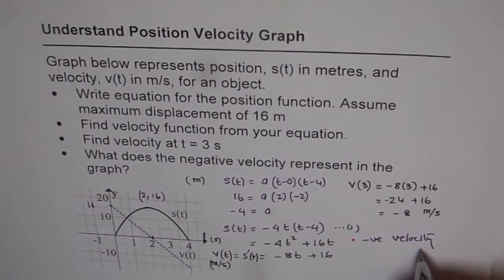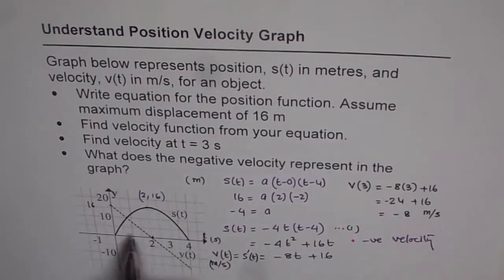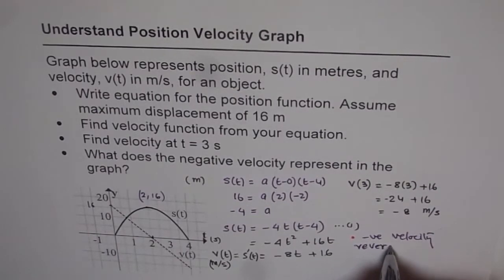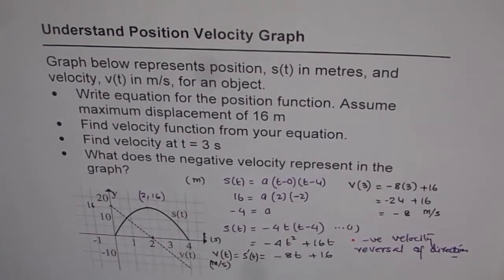It's the reversing of direction, right? So first let's understand what is zero velocity. So when the velocity changes, right, before that it is positive velocity. So negative means reversal of direction. So I should say reversal of direction, right? So that is what the negative velocity is.